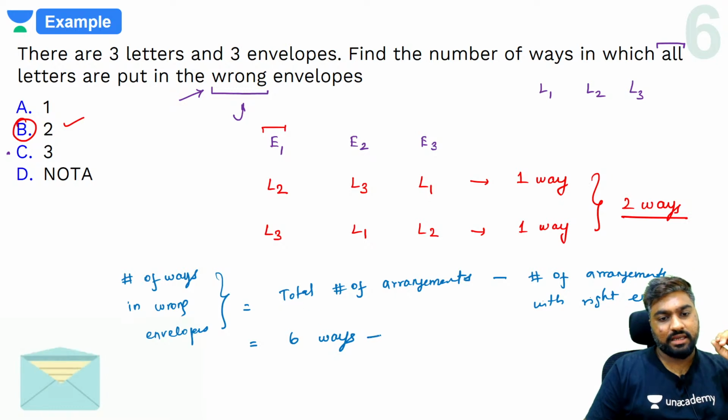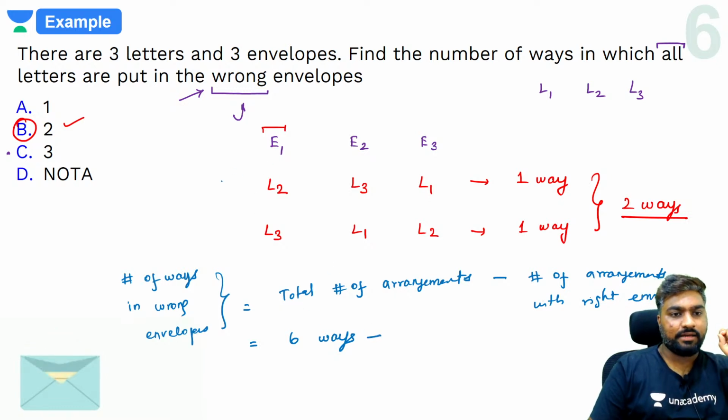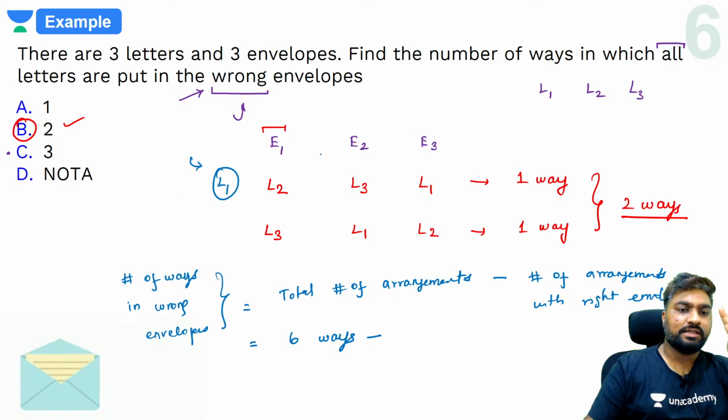Out of which, if I fix L1 here, right envelope, L2, L3, one way, L3, L2, one way. So I'm fixing L1 first, then I will fix L2, then I will fix L3. Are you able to get this? L1, L2, L3, we are fixing it.